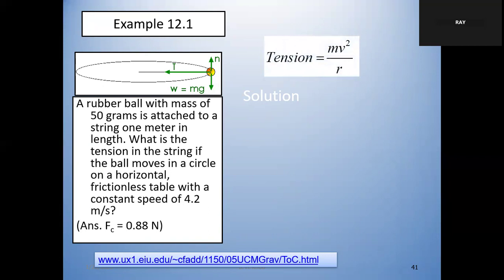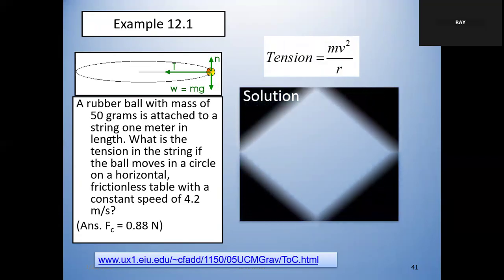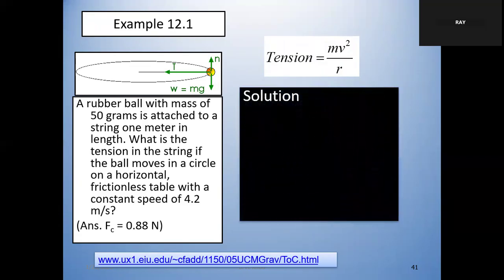Right? Tension provides the centripetal force. Can get the answer? I'm trying to find this question. We are finishing in 10 minutes time. Okay. So remember to try the worksheet.